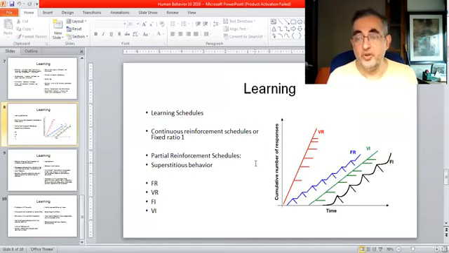Fixed ratio 2 is partial, but you can also have fixed ratio 3: every 3 times the animal presses a lever, it finds food outside. You can have fixed ratio 4, so you can have fixed ratio n. That is a variety of kinds of intermittent schedules, but the rule behind them is that after a certain number of behaviors, the reinforcement is given.